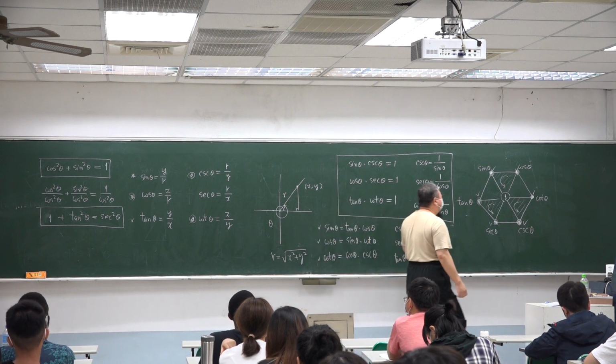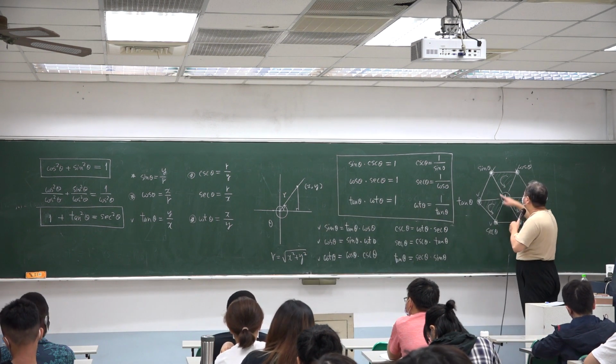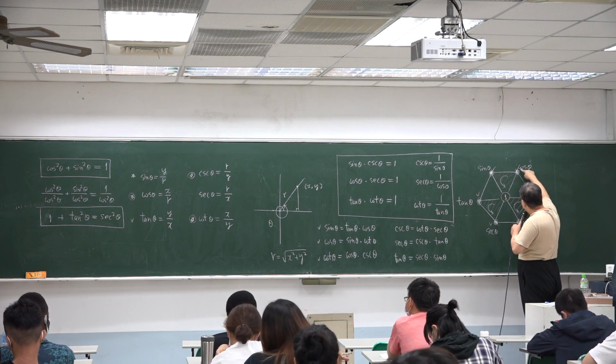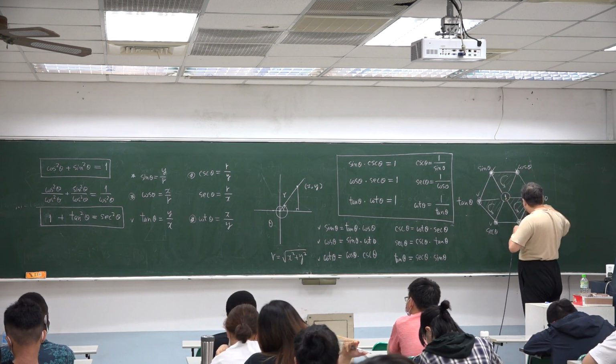Similarly, if we divide this by sine, it moves to this one. Divide this by sine, it moves to this one. Divide this by sine, it moves to this one.